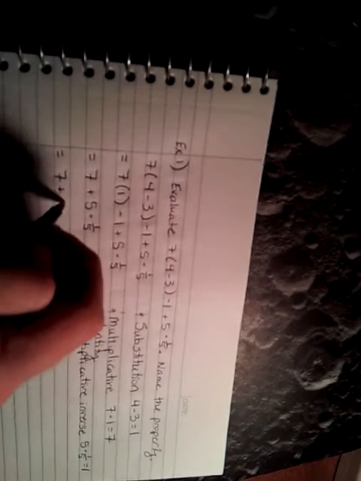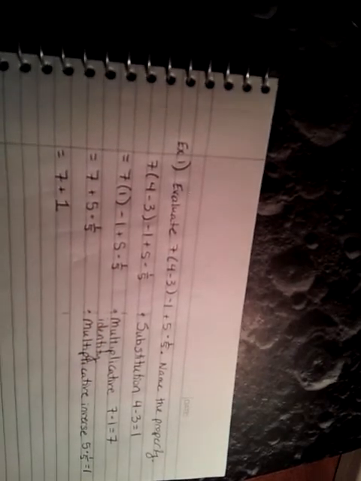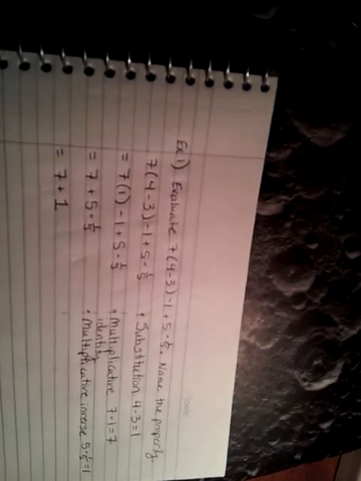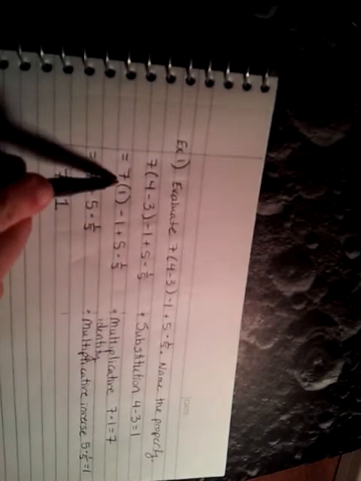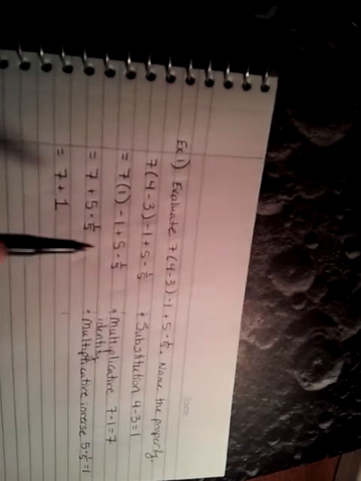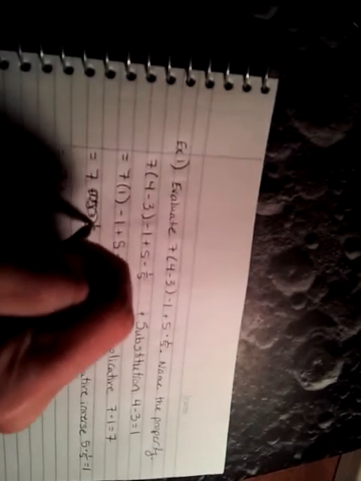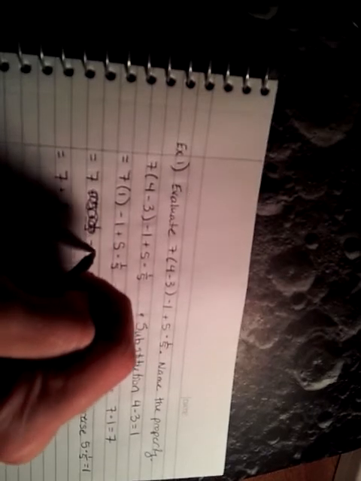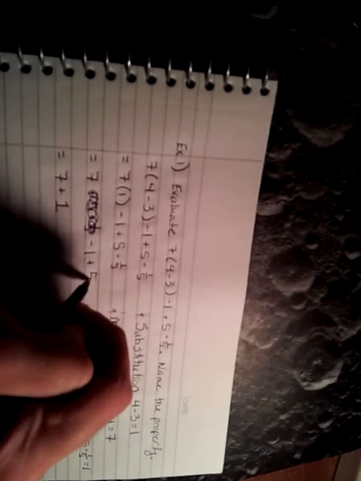So I'm going to write 7 plus 1. Now, oops, I forgot a step. Let's go back and fix that. We wanted to do 7 times 1 minus 1 plus this, but I wrote it wrong. So we're going to do 7 minus 1 plus 5 times 1/5.